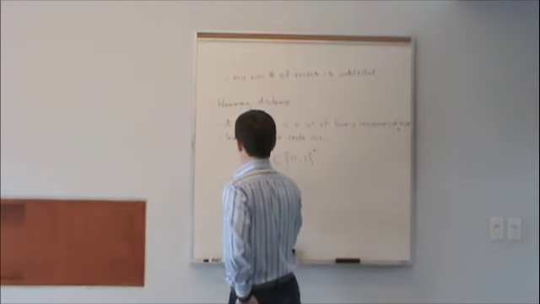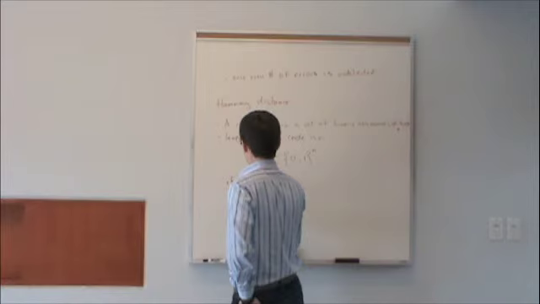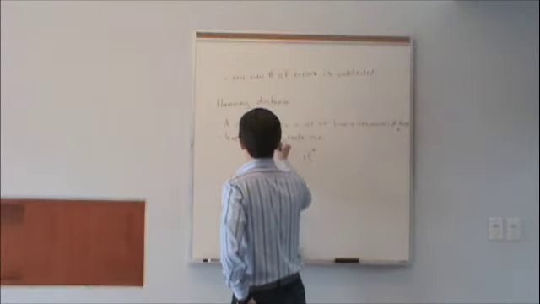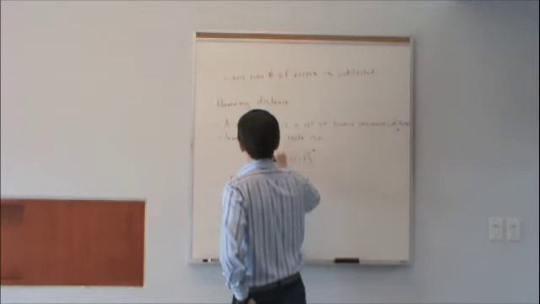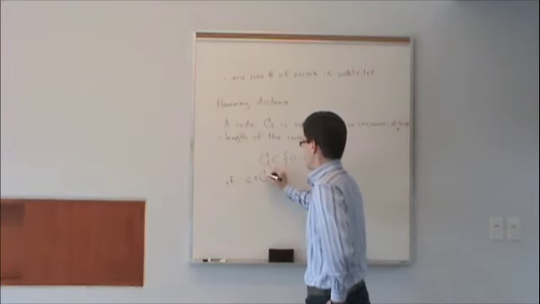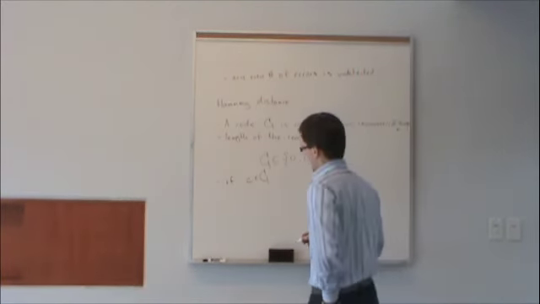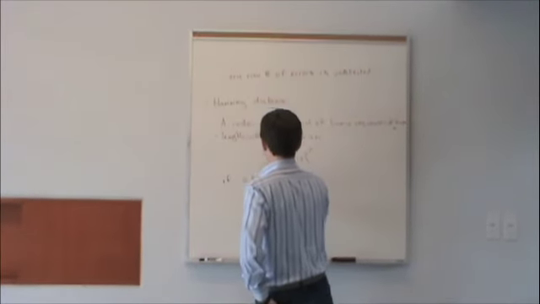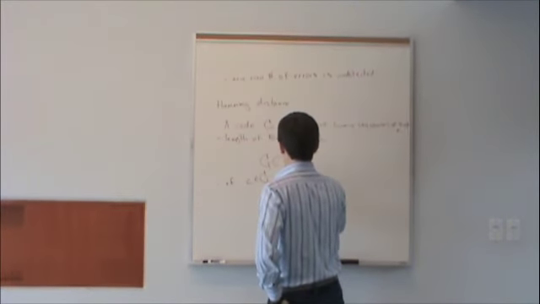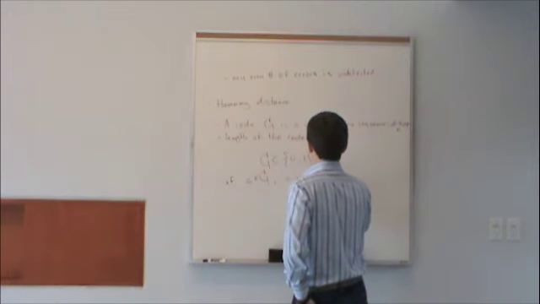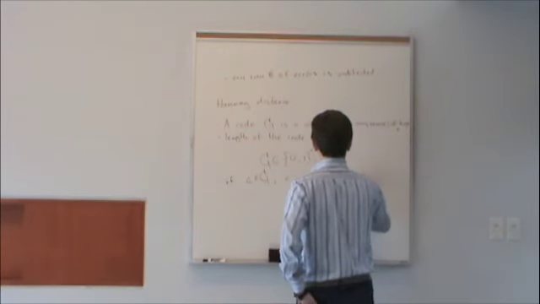A code word: if there's some small c in the big code C, actually I'm going to use a script notation to distinguish this as a set. If some small c is in the big C, then small c is called a code word.